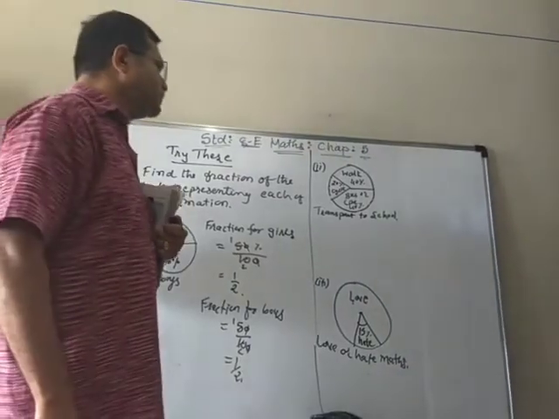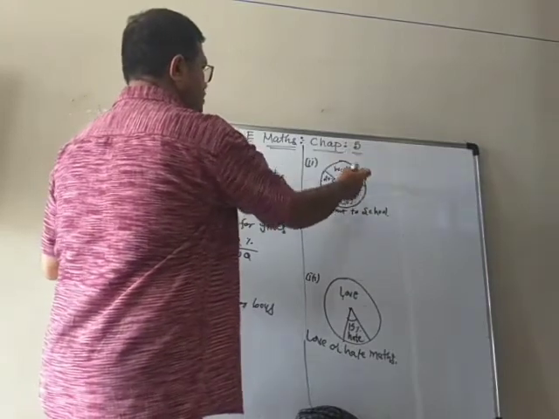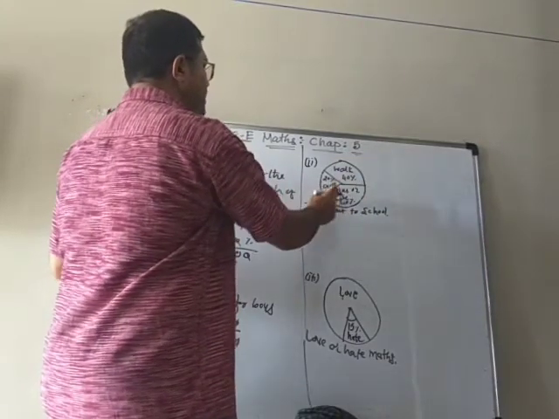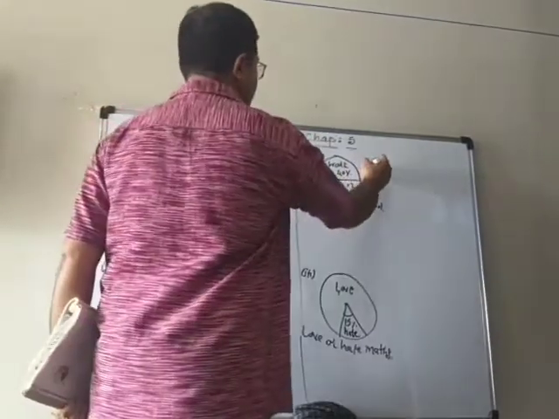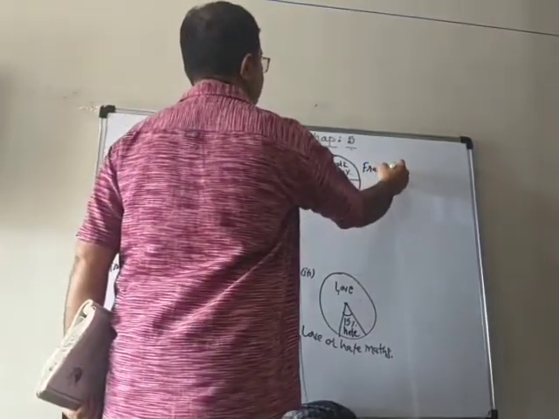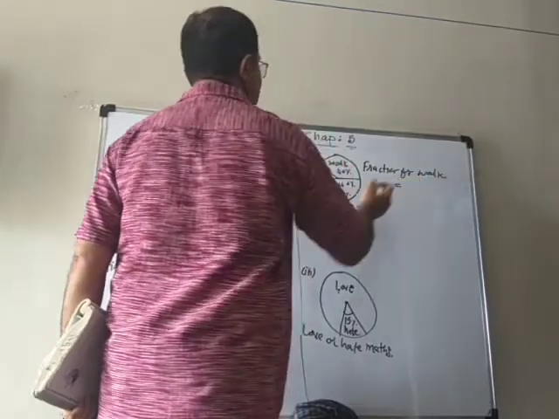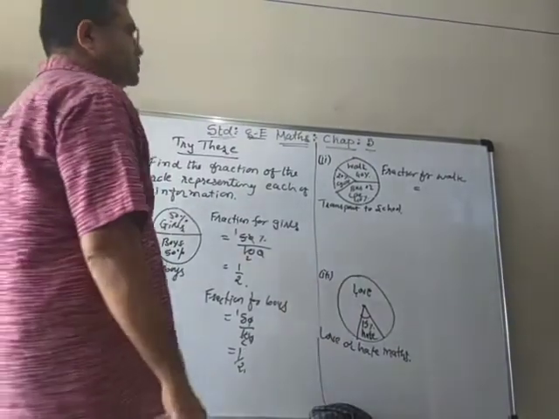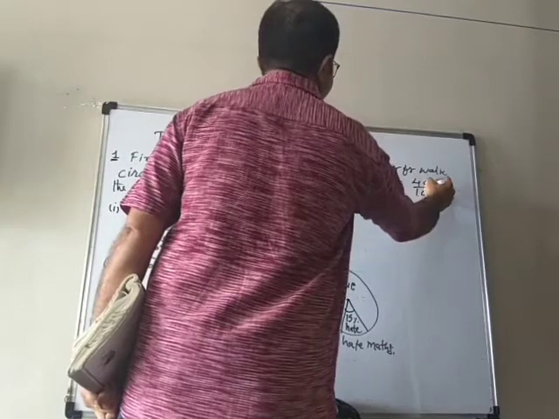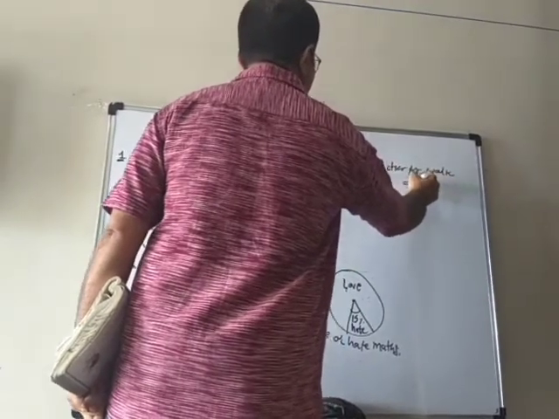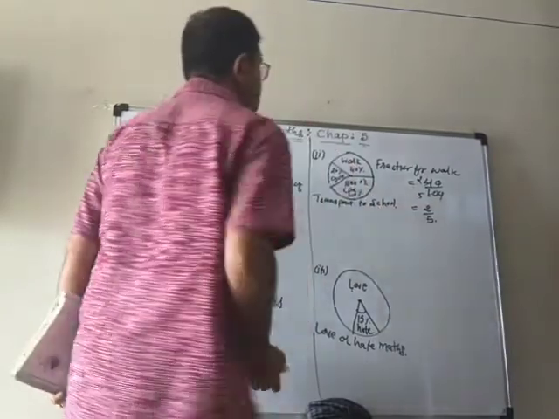There are 3 different parts of the whole circle given: walk, bus or car, and cycle. Fraction for walk. 40% is the walk. So 40 upon 100. 2 20s are 40, 5 20s are 100. So the fraction is 2 by 5.